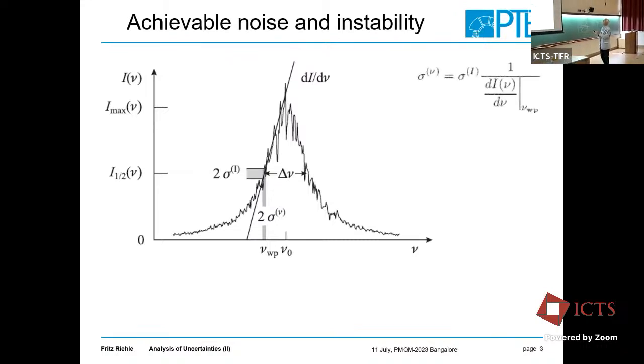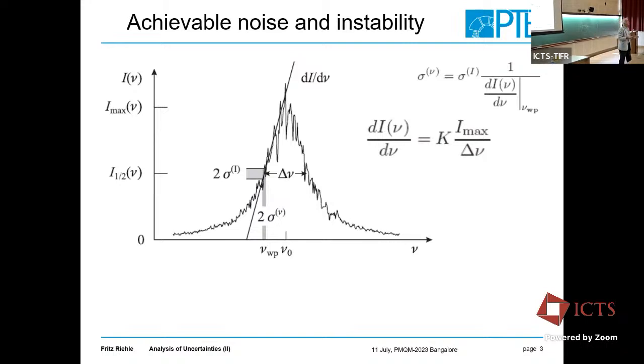And this we can calculate simply if we assume that we have a straight line here. So the sigma of nu is the signal to noise divided by the steepness or the slope of this transition. Typically, this depends on the form of the interrogation.